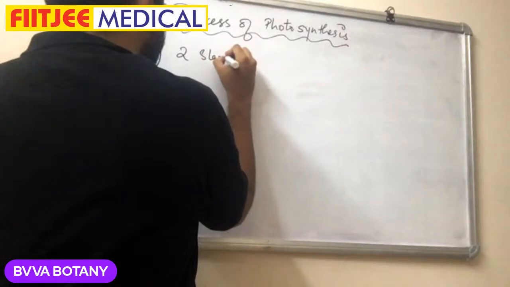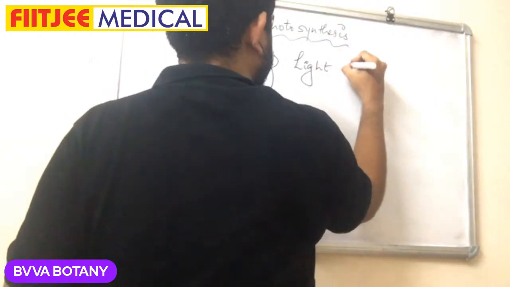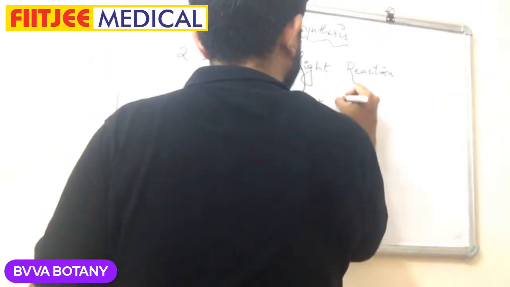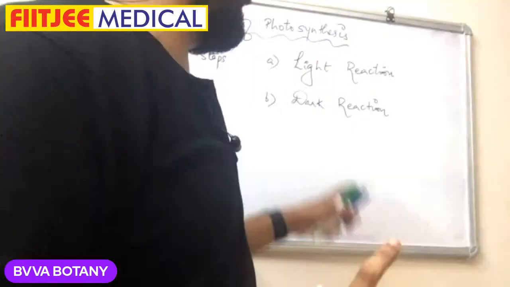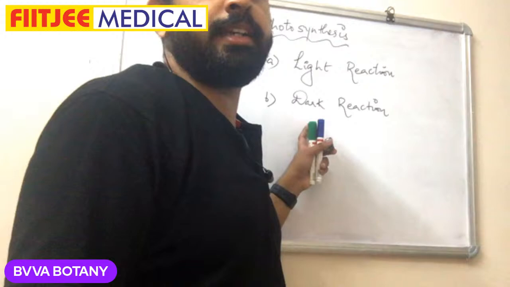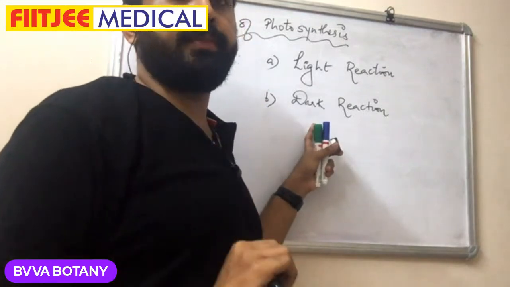Number one is light reaction. Number two is dark reaction. So one is light dependent reaction, another is light independent reaction. Dark reaction does not mean that it is taking place during night. It means it is independent of light. It can even take place during daytime.